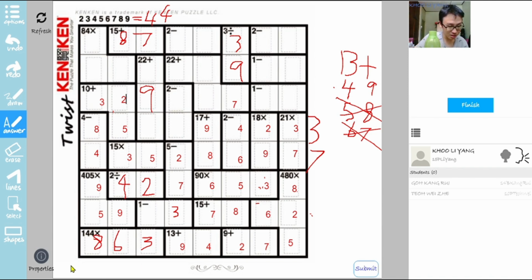As you can see, I sketched 8, 6, and 3 in this box. Since 8 and 3 are already used in this column, 6 will be here.